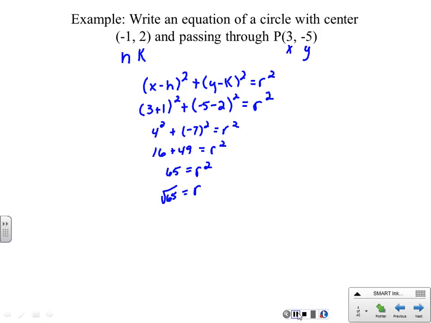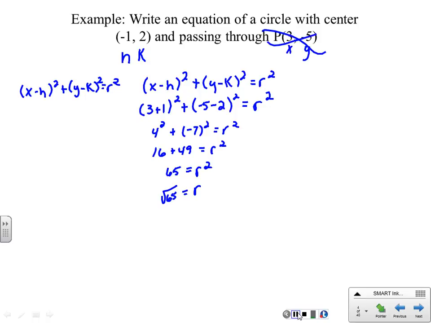So that's your goal. What are you going to plug in for? The radius, your h, k, and nope. What are the only two things you need to know in order to write an equation of a circle?